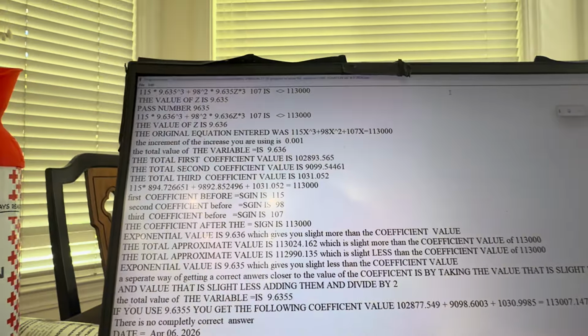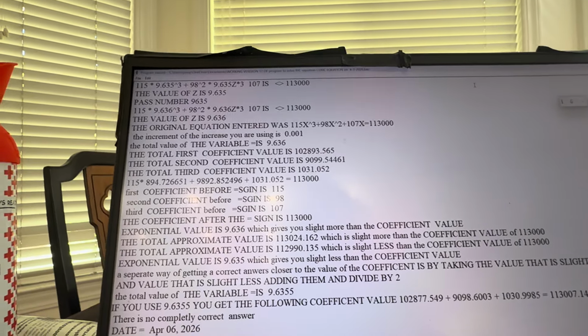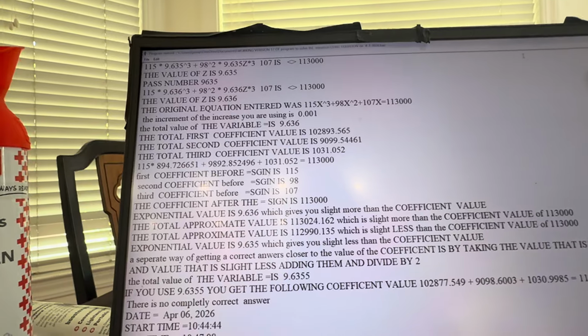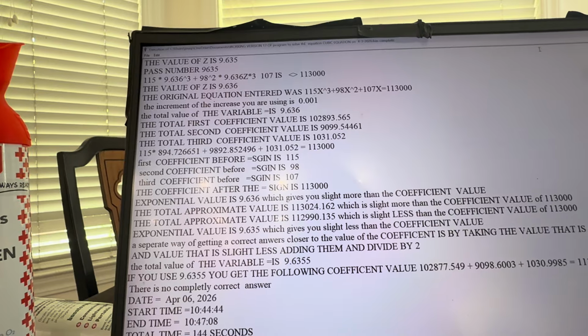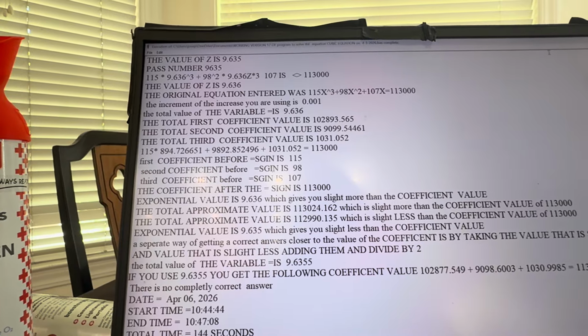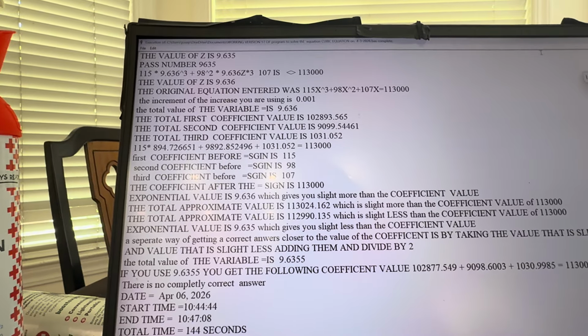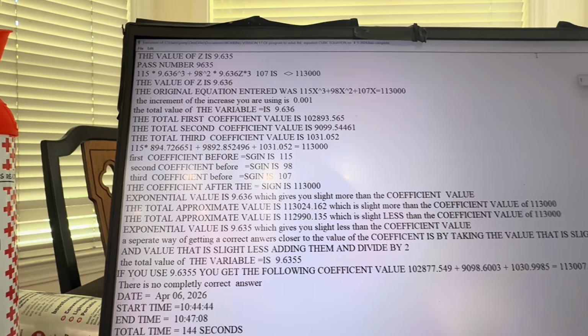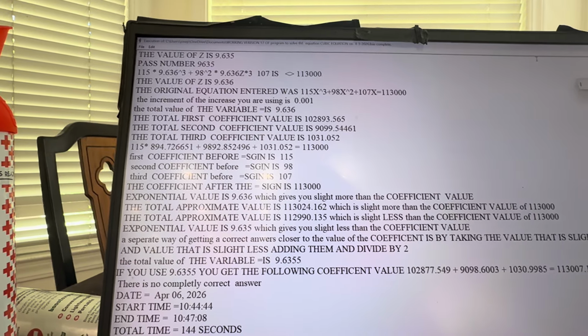So the program ended. The total time is 144 seconds. If you use the variable 9.636, you get 113,024.162, which is slightly more.